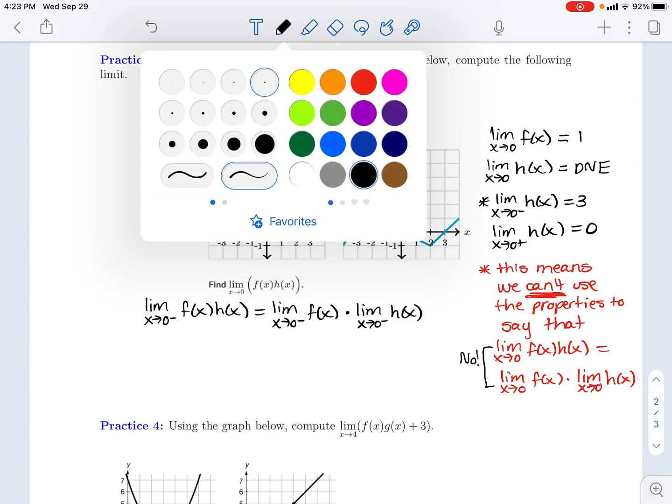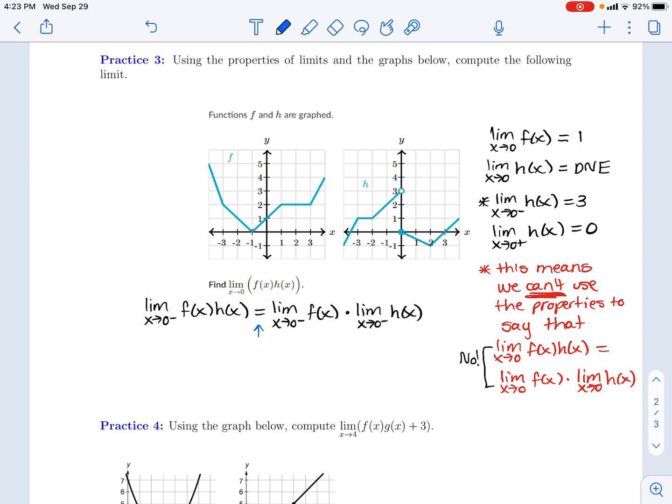Right, so here I'm using property 3, which says that if we have a product of functions, I can say it's the limit as x approaches 0 from the left of the first function times the limit as x approaches 0 from the left of the second function. Okay, and so now this will give me 1 times 3, which is just equal to 3.